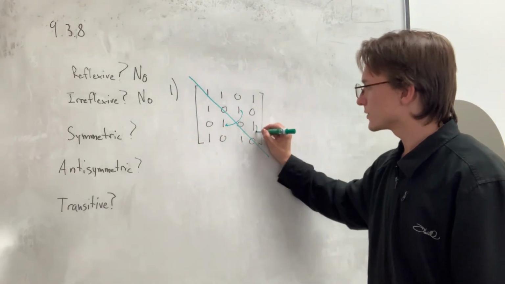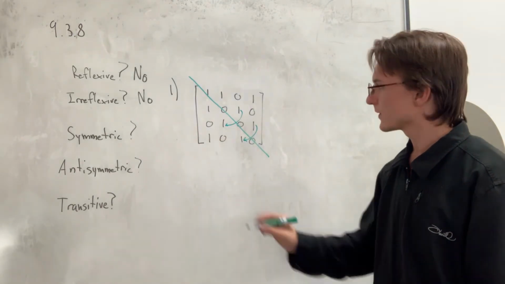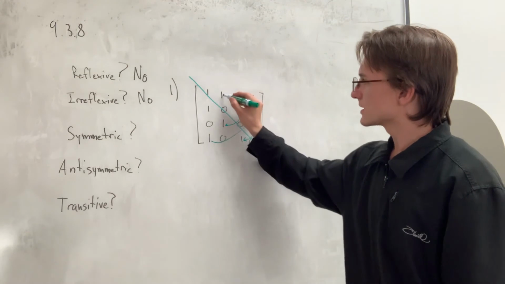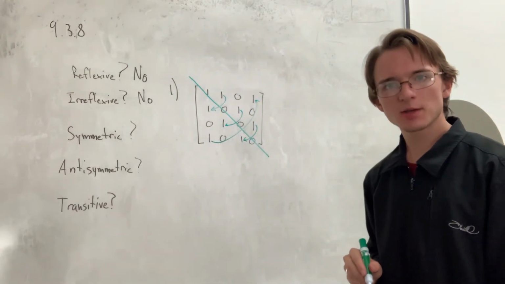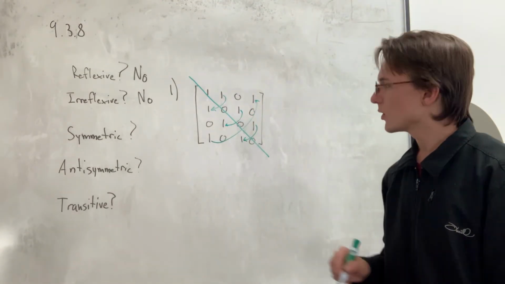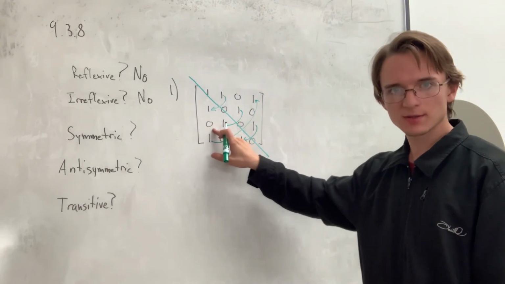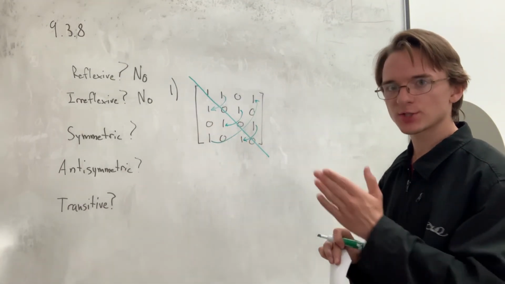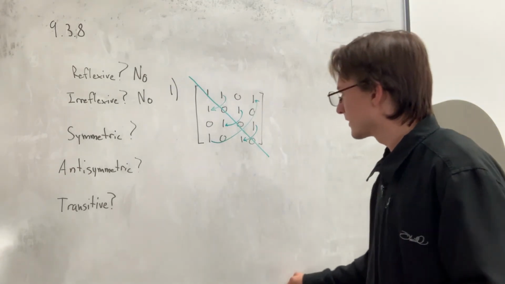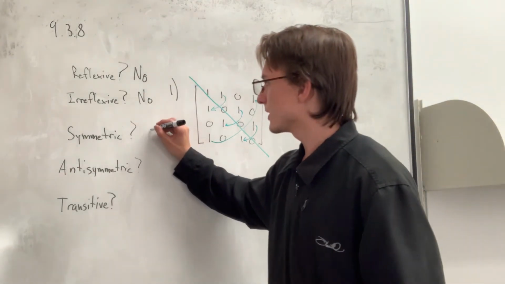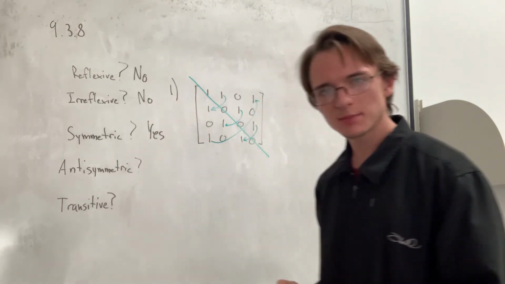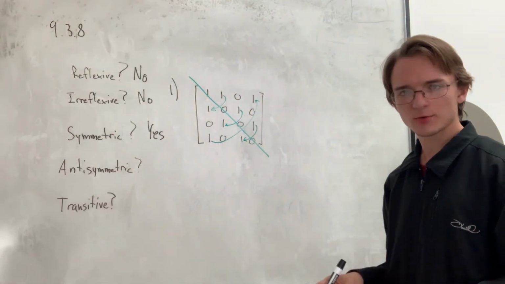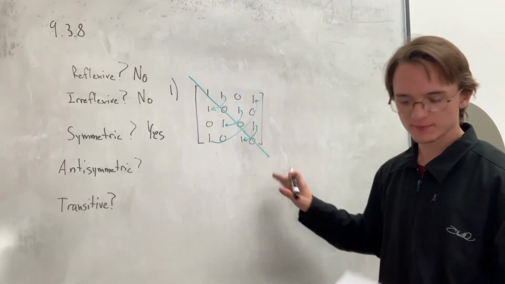This one is folded across and matches up there. This one can be folded across. Same over here. So it's symmetric for all ones. We don't have to check the zeros at all. It's like they failed the initial if condition, so we don't have to check the then. So yes, it is symmetric. In other words, it's mirrored across the diagonal.